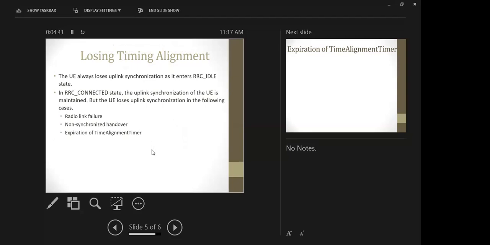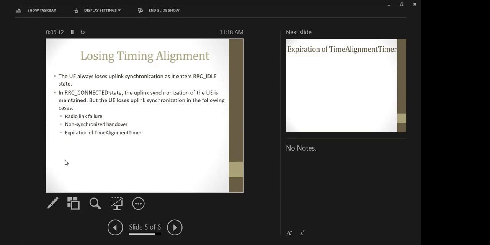But you may lose the uplink synchronization in any of these cases. First of all, radio link failure, that will also lose the downlink synchronization. But there are other things like non-synchronized handover, which we may discuss later. Now the last thing, expiration of a timer.